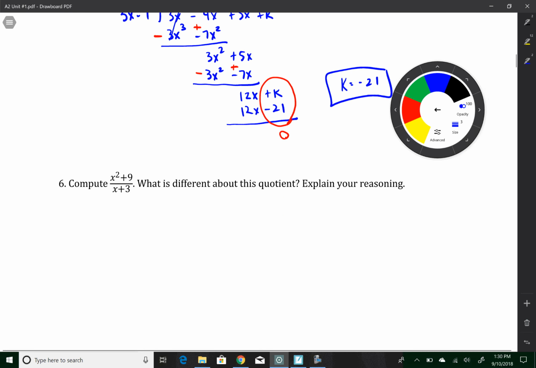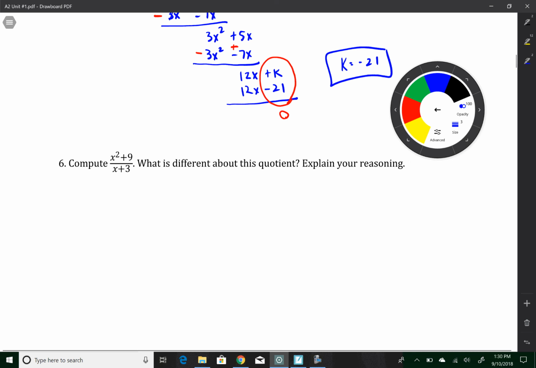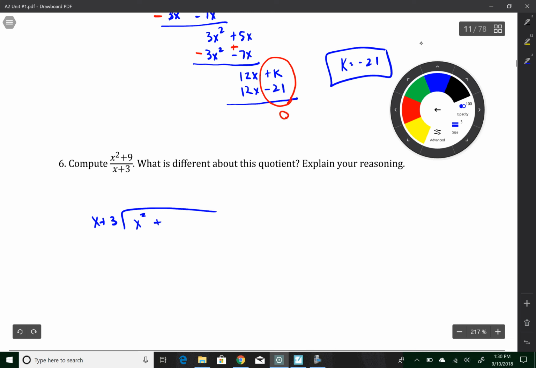Number 6 says compute the quotient x squared plus 9 divided by x plus 3. What's different about this quotient? So if I do x plus 3 into x squared plus 9, what multiplies by x to make x squared would be x. So that gives me x squared plus 3x. Well, I need an x term there, right? So I'd have to put a 0x in.